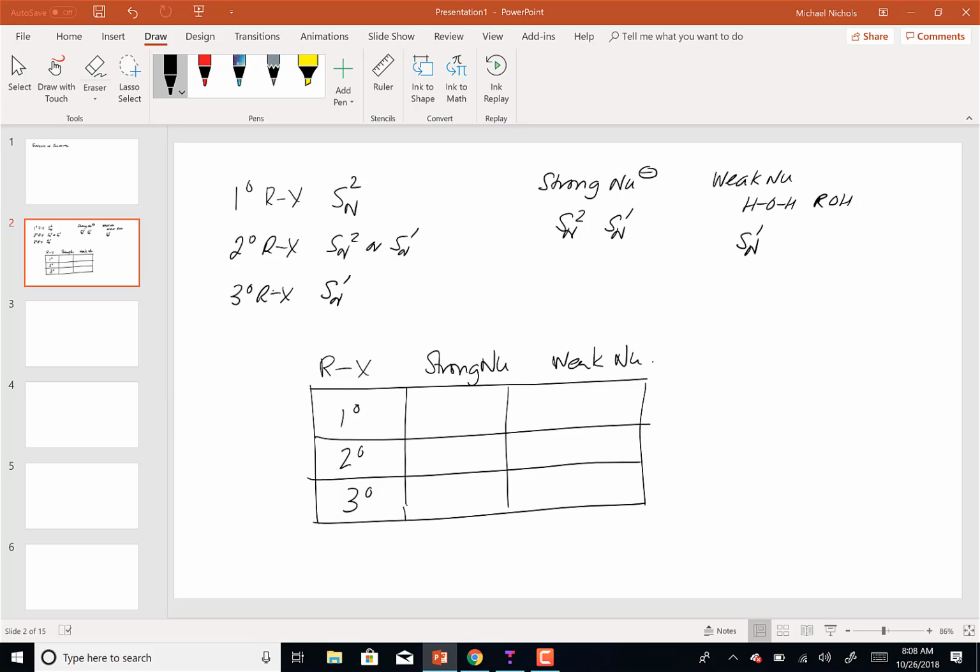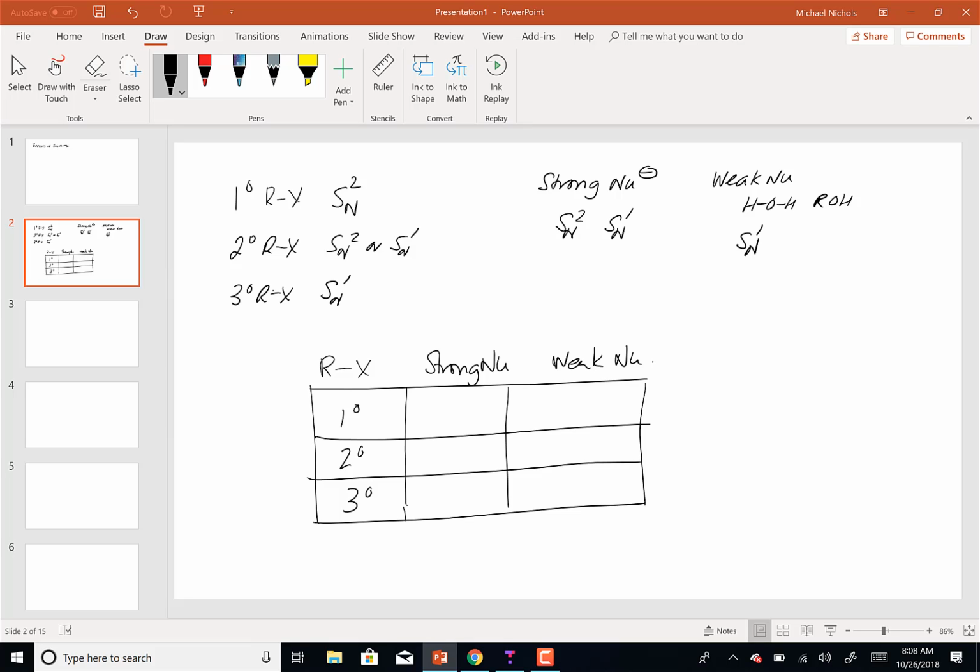So primary halide with a strong nucleophile, what reaction is that going to be? What do they have in common? SN2. So they're going to undergo SN2.